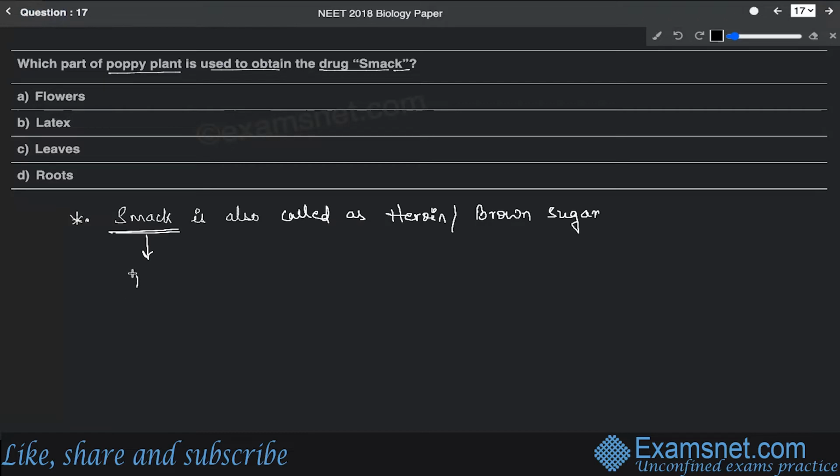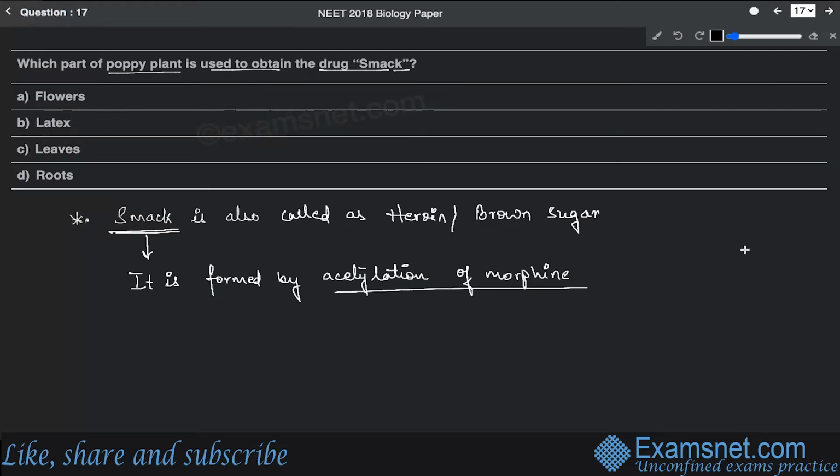This smack is formed by the acetylation process of morphine, and this smack is obtained from the latex of the poppy plant.